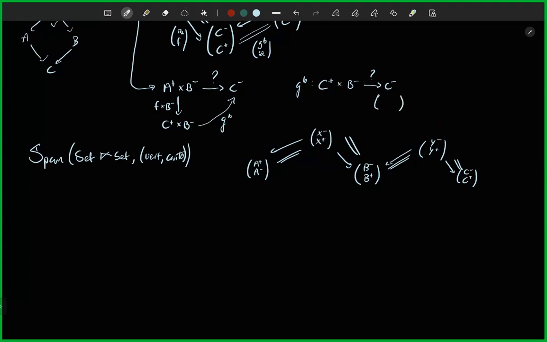Now, to write down that pullback, we should use the facts we know about these. Because the left leg is vertical, this has to be A plus here, A minus. This has to be A plus. And because this one's Cartesian, this has to be B minus. Just has to be. Similarly, on the other side, we don't actually have choices. B plus C minus.